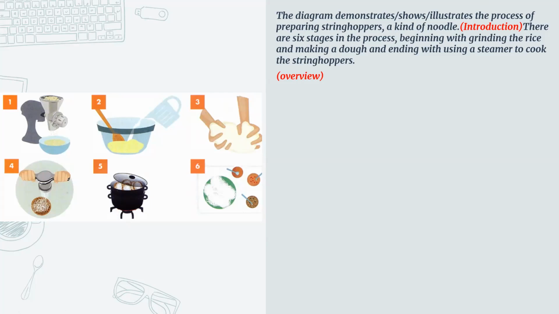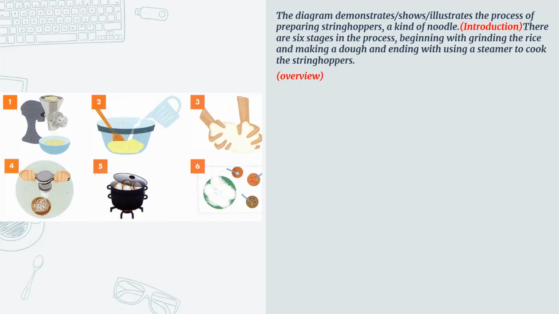Okay. There are 6 stages in the process, beginning with grinding the rice and making a dough and ending with using a steamer to cook the string hoppers. This is the overview, a summary of the whole thing. Okay, it's a summary of the whole process. We say that there are 6 stages in this process, and it begins with grinding the rice and making a dough.